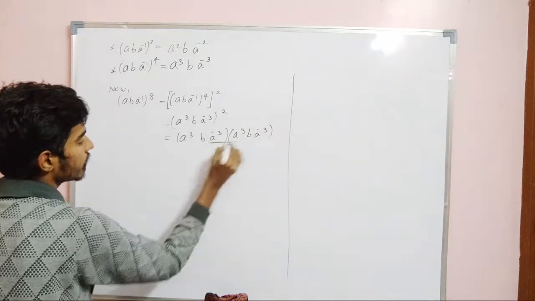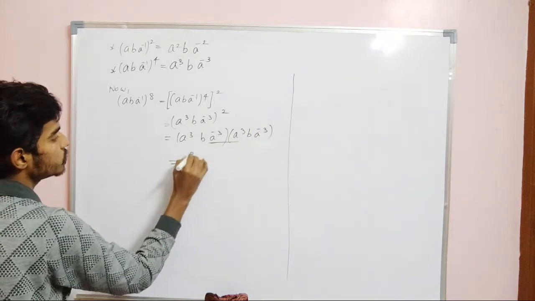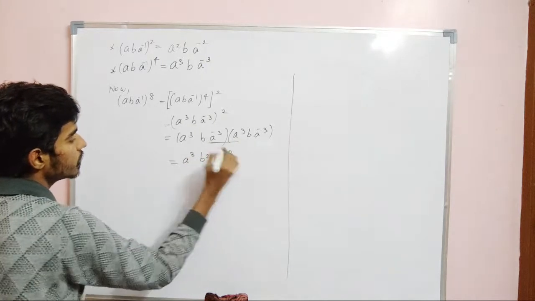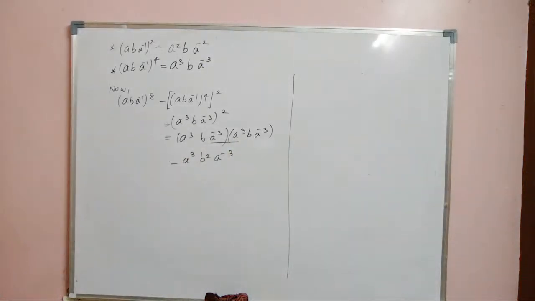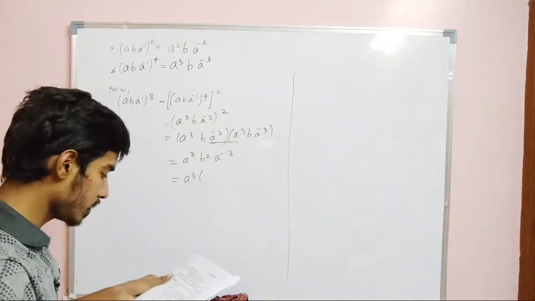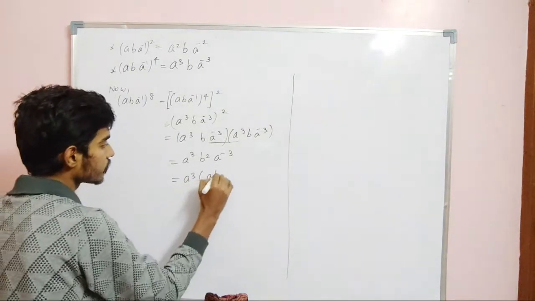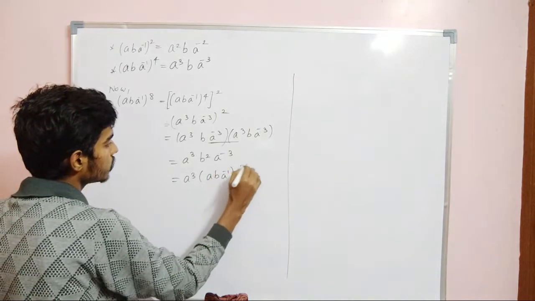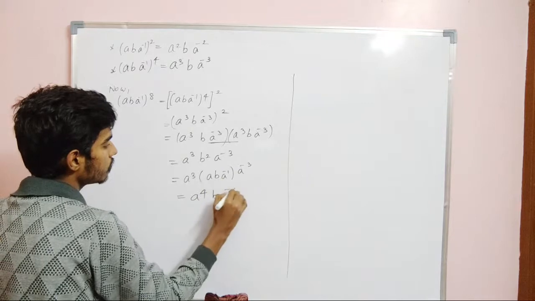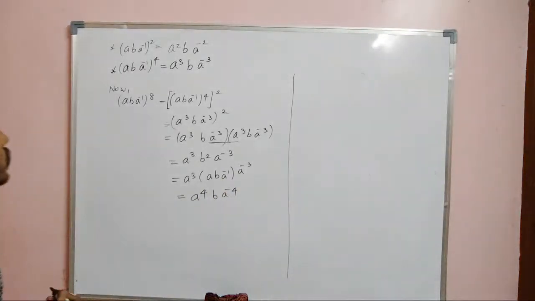I can combine these two terms, which will be I. So B into B is B². So we have A³B²A⁻³. Again I am going to substitute the value of B², which is ABA⁻¹ into A⁻³. So this is A⁴BA⁻⁴.